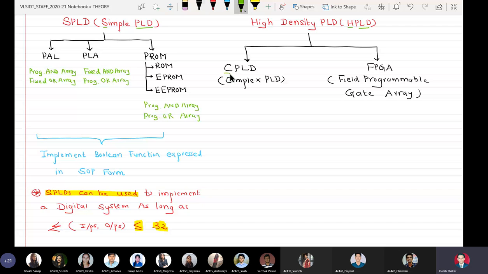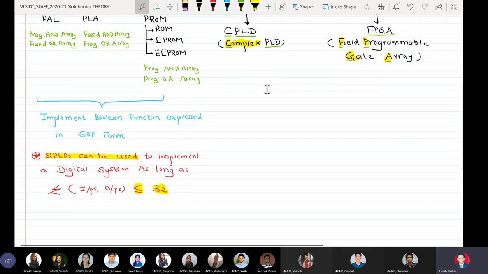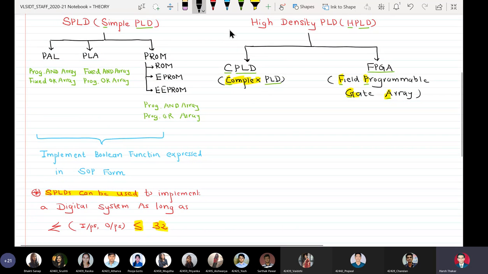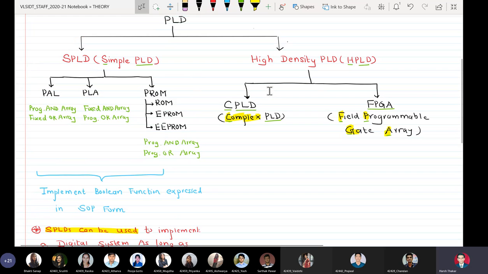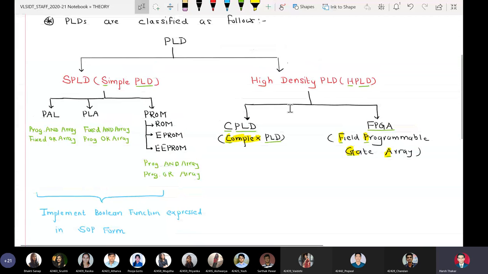Okay, so we have CPLD, complex PLD, and we have FPGA, field programmable gate array. Please remember one thing, that all of them are digital systems. Okay, so I'll make a note here.